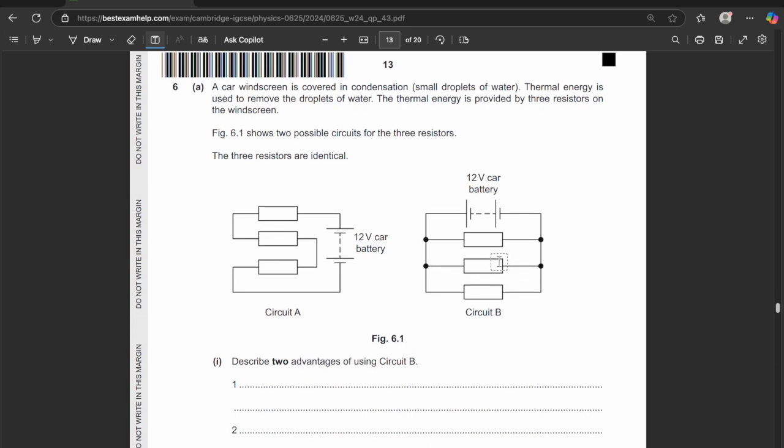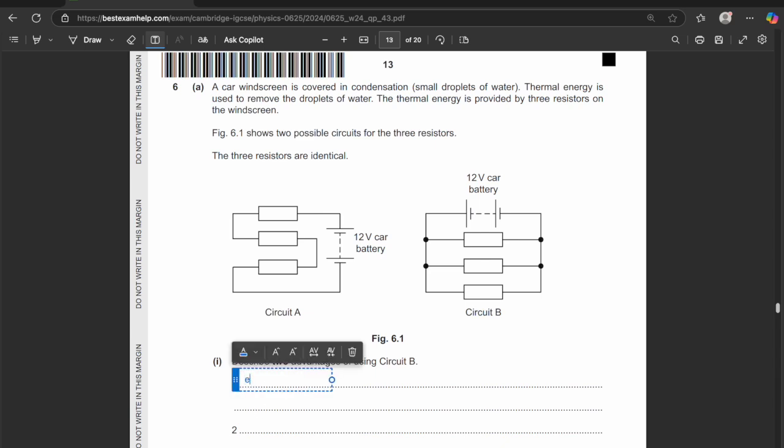So if you use parallel connection, you actually get equal amount of voltage. So they will get the full voltage from the 12-volt car battery. And if one fails, the other 2 will still be working. So we can write those 2.